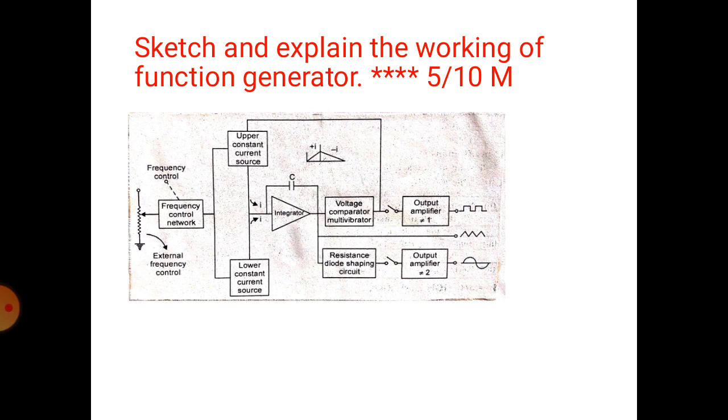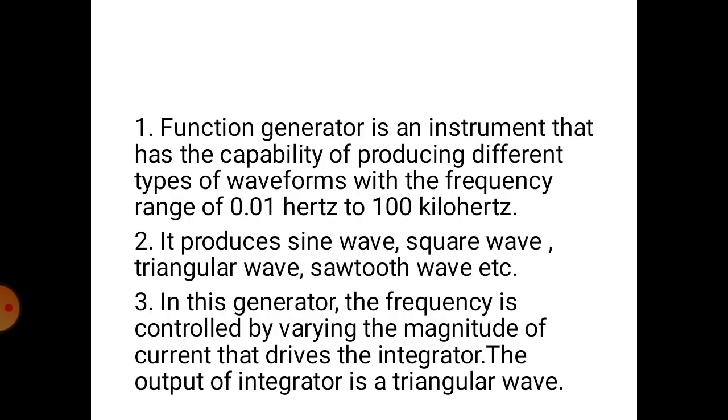The function generator is basically an instrument that has the capability of producing different types of waveforms with a frequency range of 0.01 hertz to 100 kilohertz.